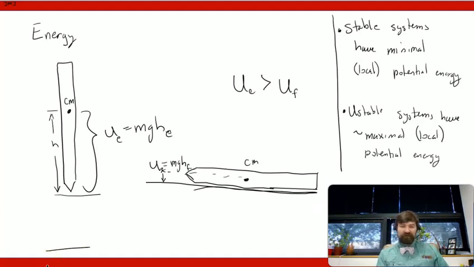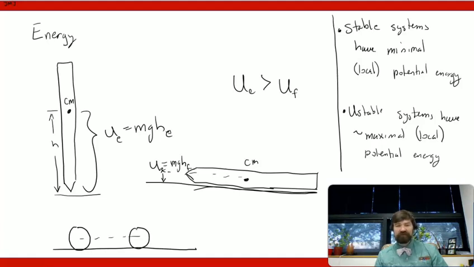So if I wanted to draw the neutral system here, let's draw a nice flat ground again. If I have an object here like this, and I have the same object over here like this, there's no difference in potential energy between these two objects. U1 equals U2.